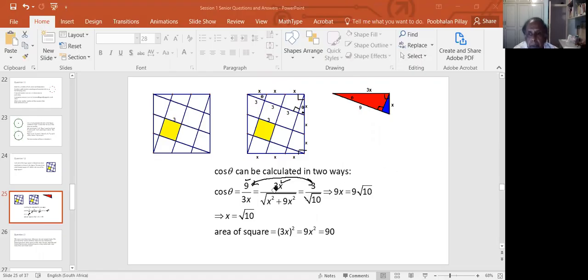So when you cross multiply, you have 9x equals 9 root 10. The 9's cancel, and you get x equals square root of 10. Remember, we were trying to calculate 9x squared. If x is square root of 10, then 9x squared is 9 times 10, which is 90. And that is the area that we're looking for, the area of the square.